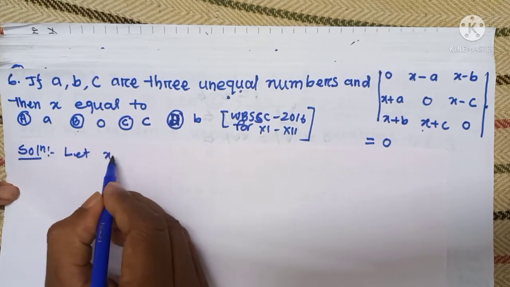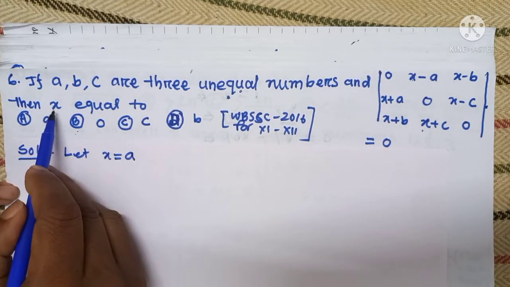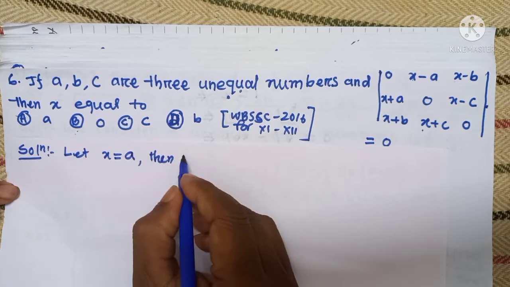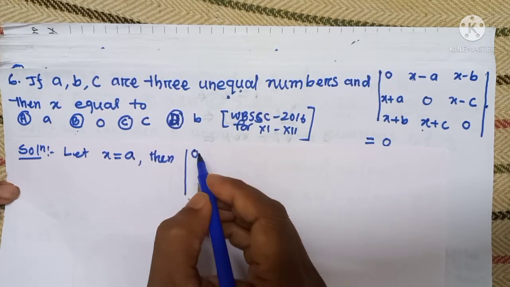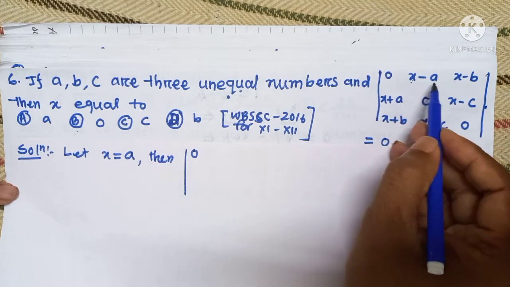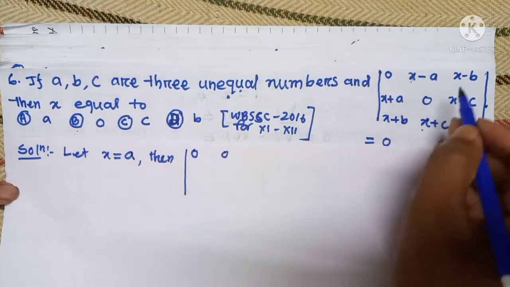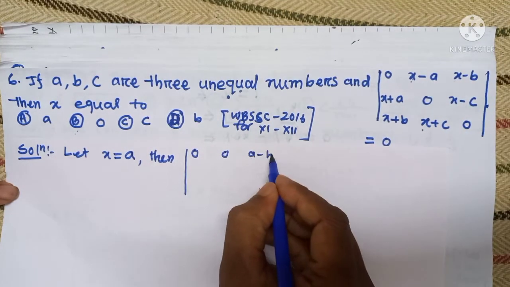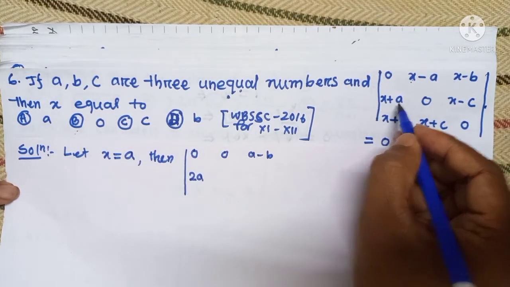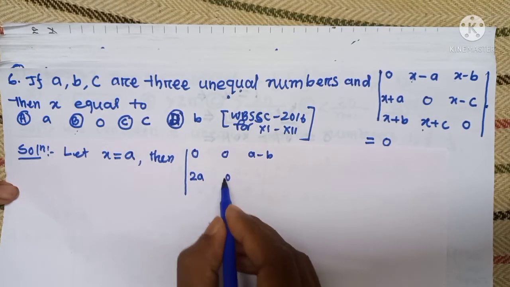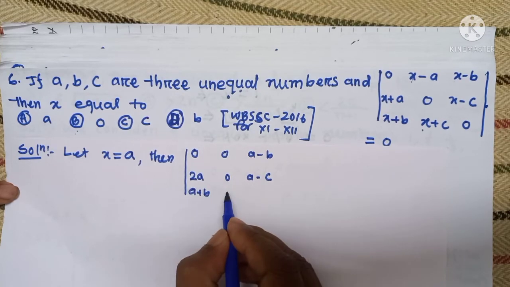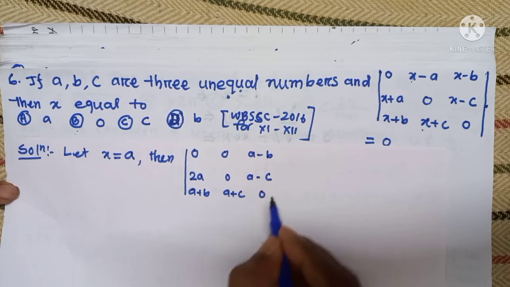Let x equal to a. Then the value of the determinant: 0, since x is a, x minus a equals 0, so this is 0; a minus b; since x equals a, a plus a equals 2a, so this is 2a, 0; a minus c; a plus b; a plus c, 0.